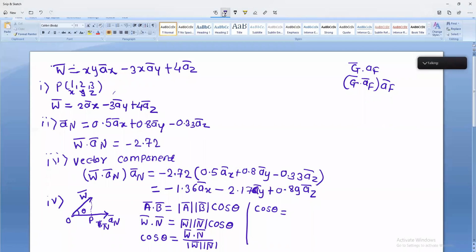It is minus 2.72. Don't get confused. You can also write this as A bar N, right?